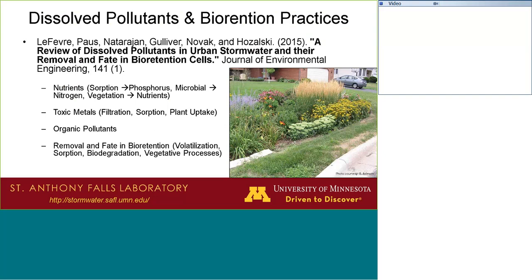It talks about nutrients, not only absorption, but microbial activity and vegetative processes. It talks about metals and organic pollutants, and really talks about the entire fate and transport process of these pollutants throughout a bioretention system. So if you want to see more data like what I showed today, this is the first place to start, and then from there, go to not only the papers it references, but the papers that have referenced it since 2015.